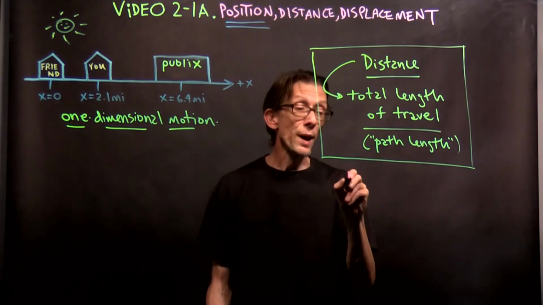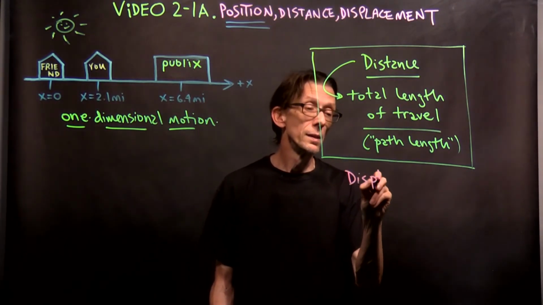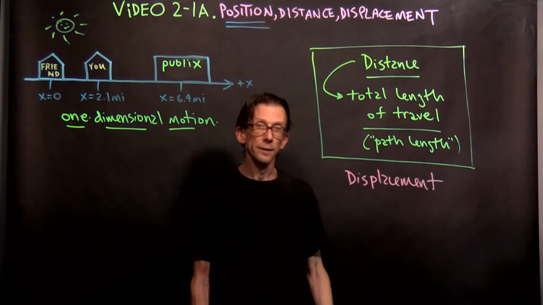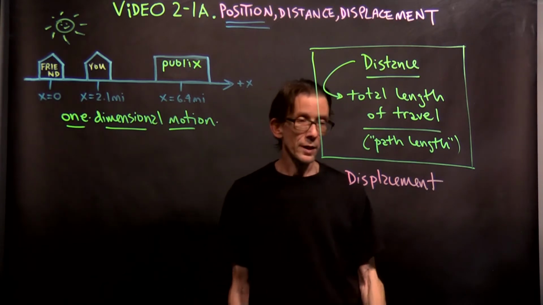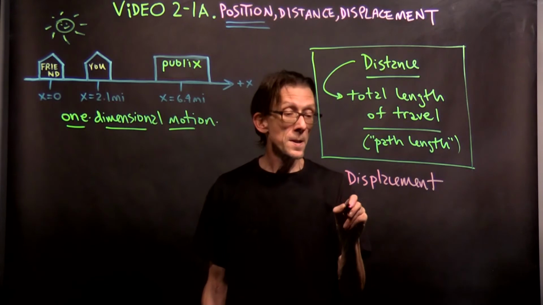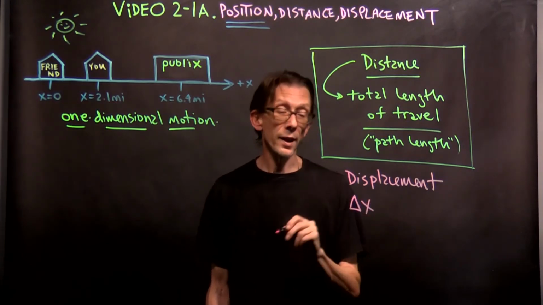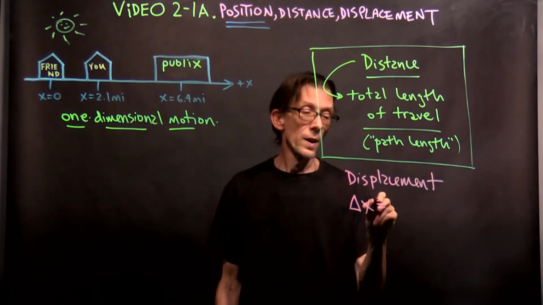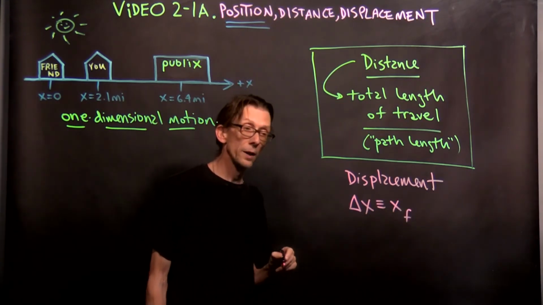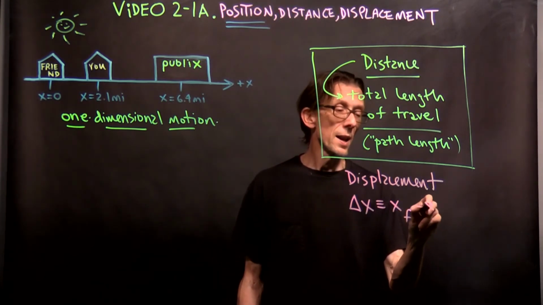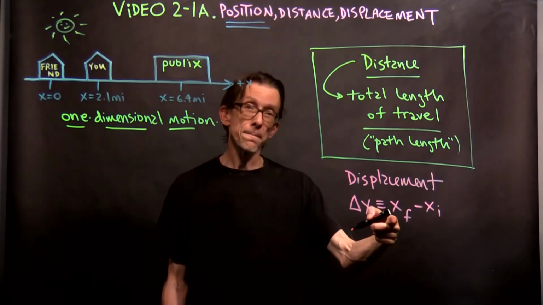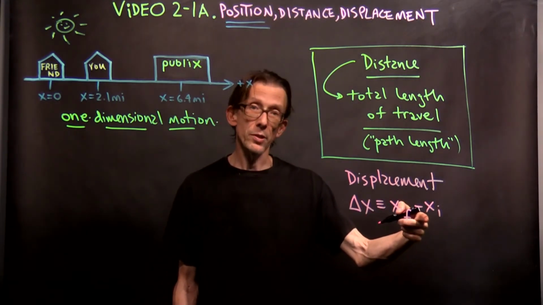Displacement is something different. Displacement is defined mathematically as delta x. It's defined as x final, where the subscript on that x means final, minus x initial. The final position minus the initial position.